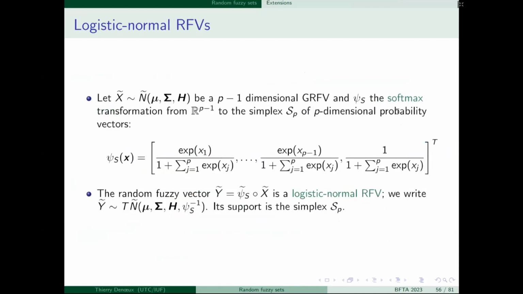Another case is you take x tilde, a Gaussian random fuzzy vector, and you apply this transformation, which is known in machine learning as a softmax transformation. In statistics, I think we call it a logit transformation, something like that. And then the result is a logistic normal random fuzzy vector.